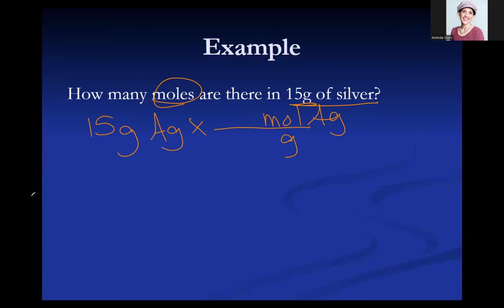What we want to get rid of always goes on the bottom. If we look at the periodic table, the molar mass of silver is 107.87. So 1 mole of silver has a mass of 107.87. That's 15 times 1 divided by 107.87. That gives us 0.14 moles of silver.